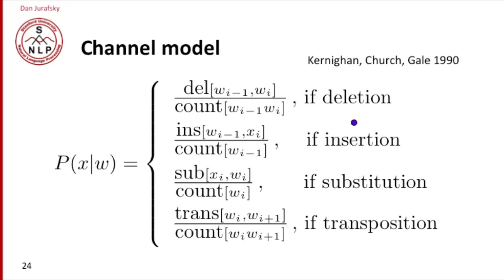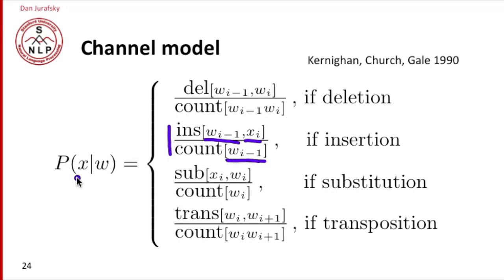So every time a particular previous letter happens, we look up in our insertion confusion matrix and say, how often was X_i inserted after a particular letter W_{i-1}, and we divide by the number of times W_{i-1} occurred, and that's going to be the probability of a particular insertion happening in a word.